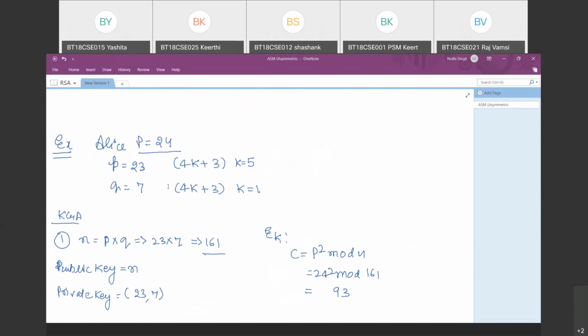Yes, it is one of the examples. You can take any prime number. For a real-time example, p and q must be large prime numbers.